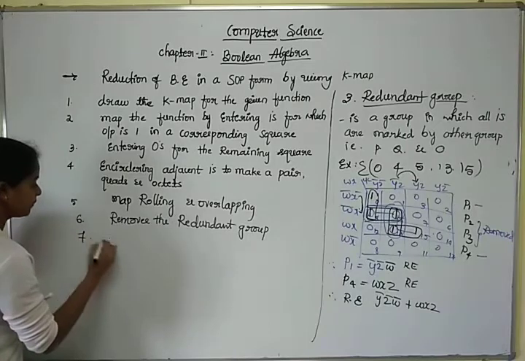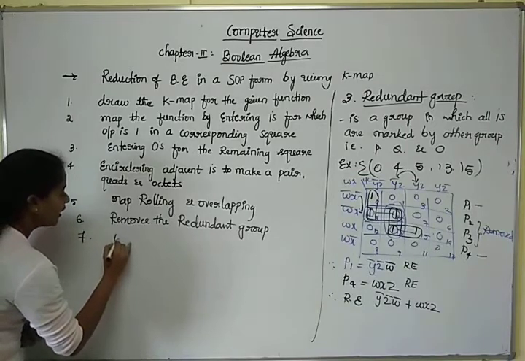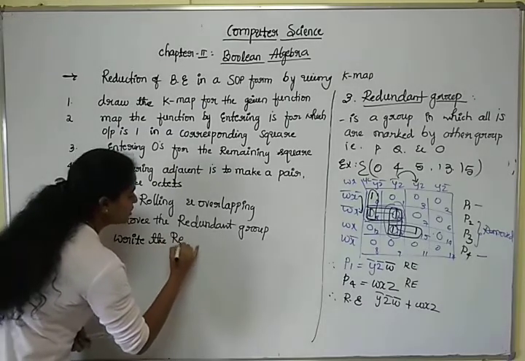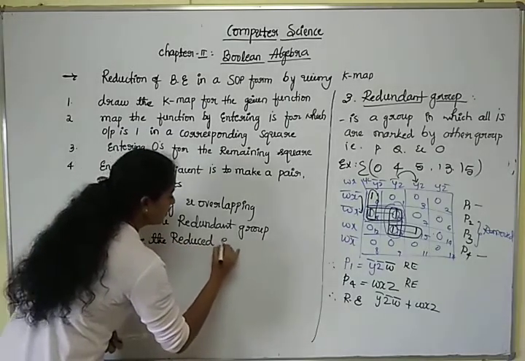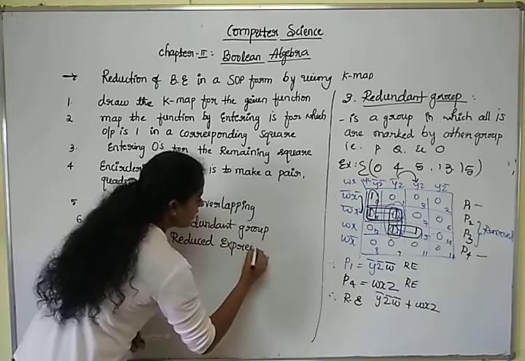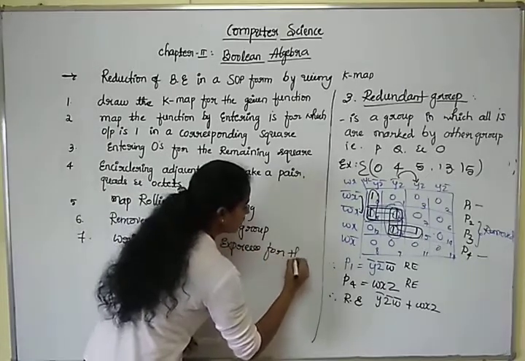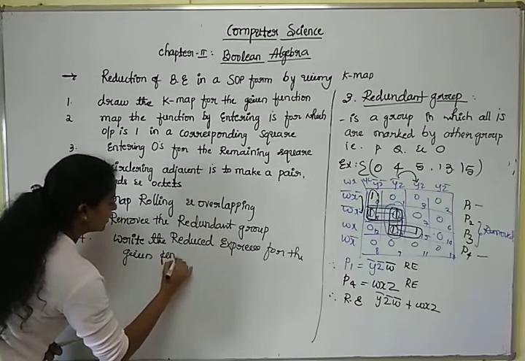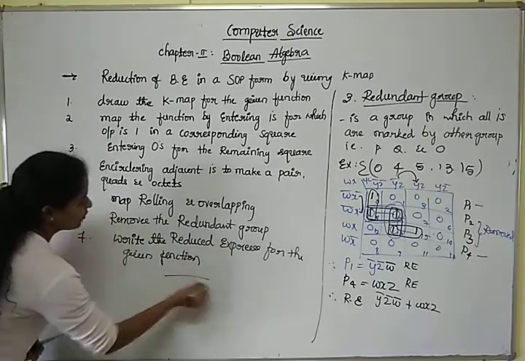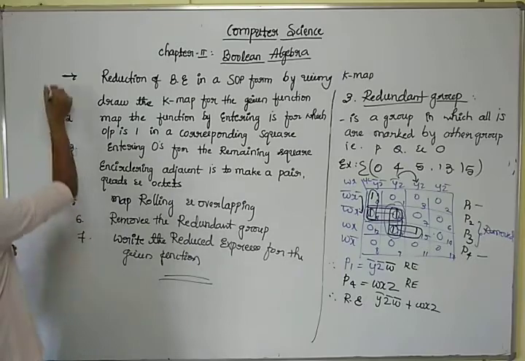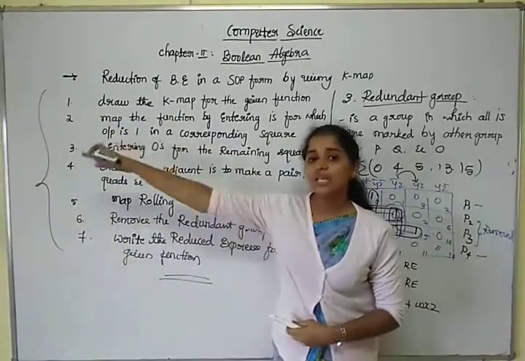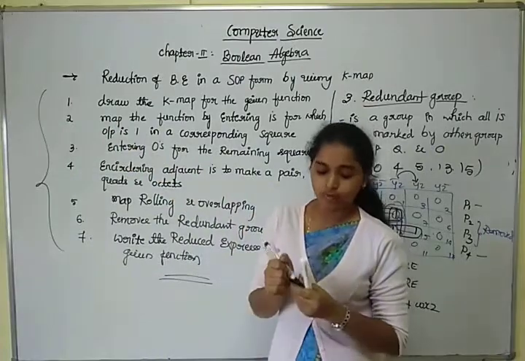The seventh step is finally writing the reduced expression for the given function. These are all the steps to be followed to reduce the Boolean expression in sum of products form by using the K-map.